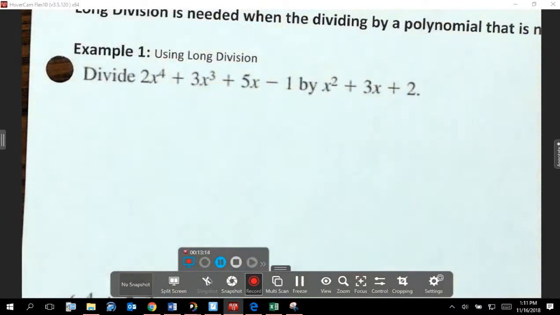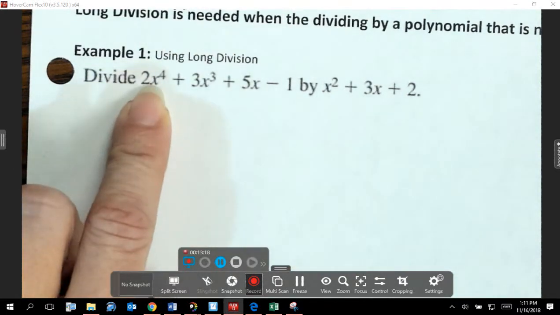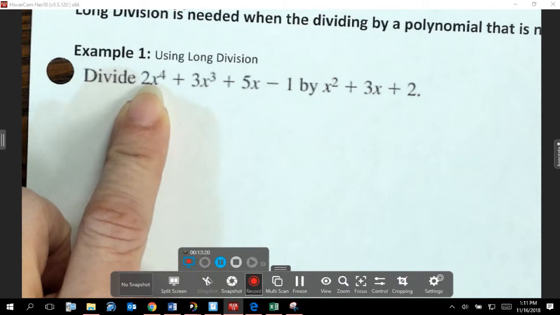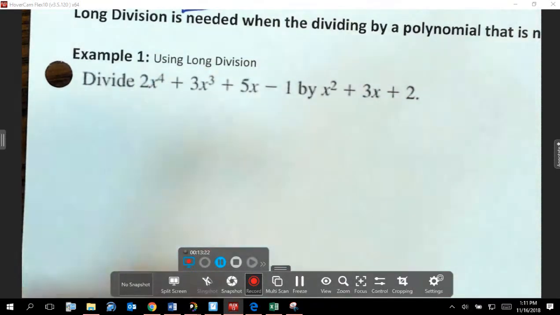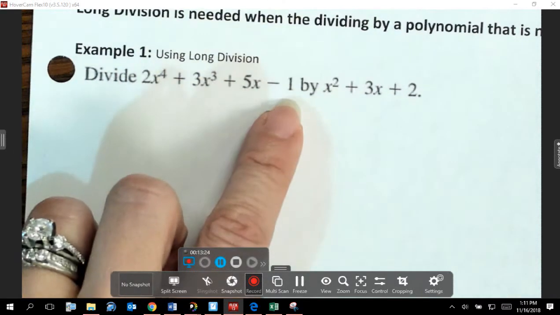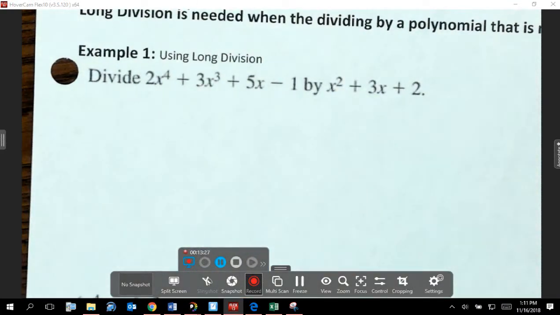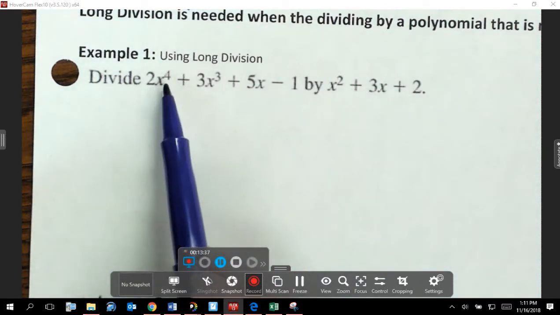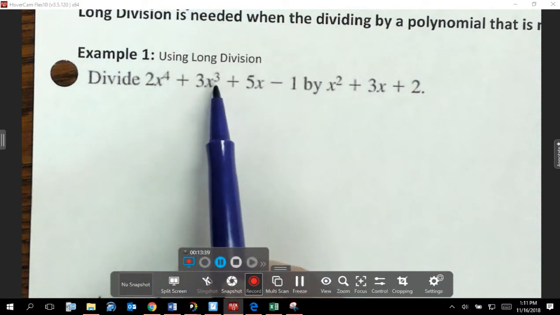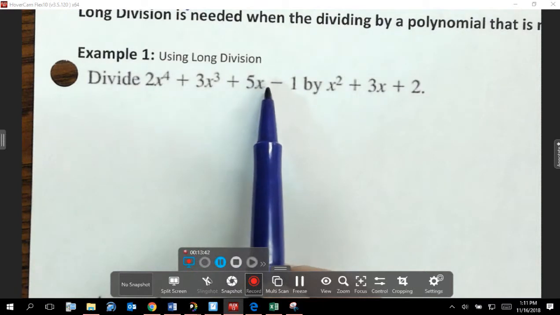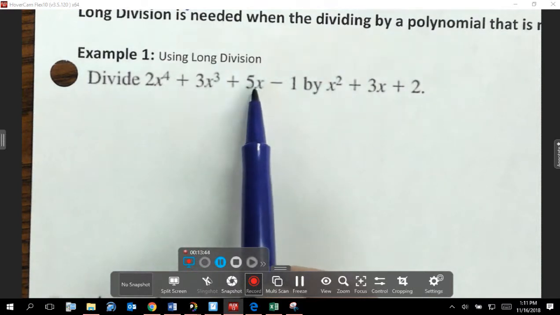Do we have any powers that are missing? And when I say powers that are missing, I don't mean higher than the highest power, because they're all missing. We're not going to go to infinity. I mean from the highest power all the way down to the constant. Are we missing any of those powers? What I mean is like, here's x to the fourth, here's x to the third, here's x to the first. I skipped some. I'm missing x squared.